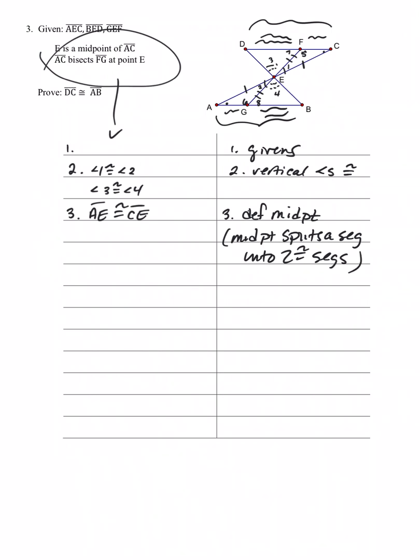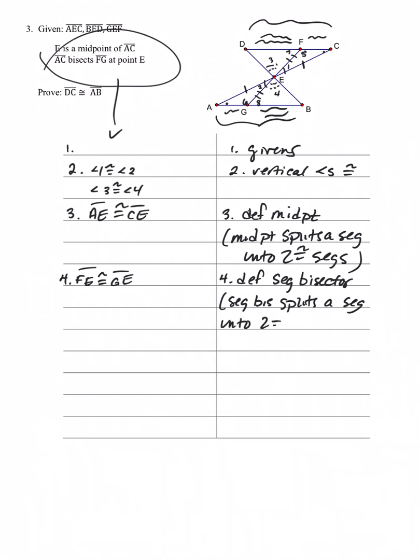All right. So then we have FG being bisected, so that gives us FE congruent to GE. Feel free to write definition of segment bisector, or you can write what it means in this context. So a segment bisector splits a segment into 2 congruent segments.